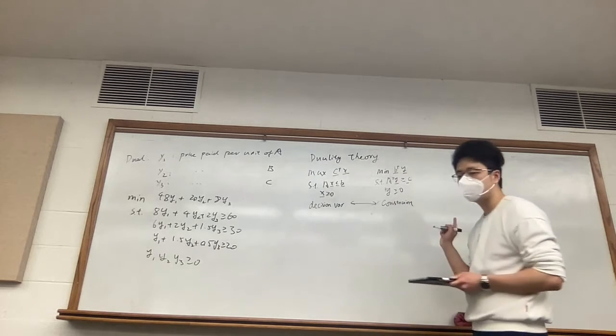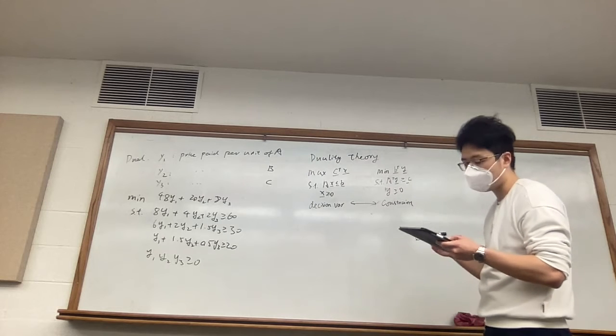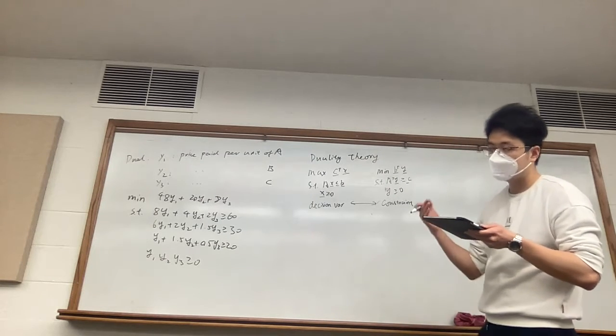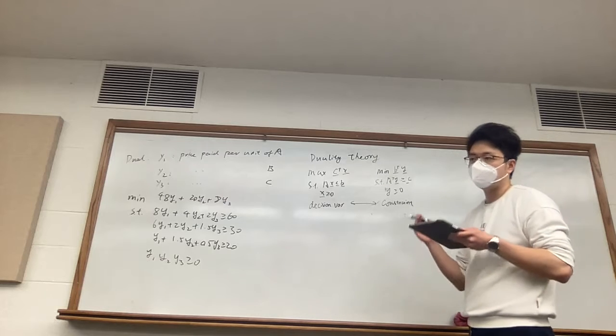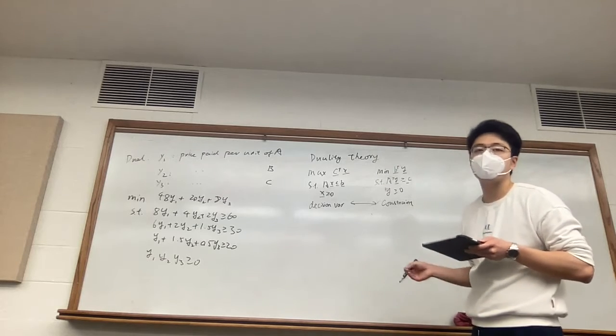Just like the example I have just given you, in the primal problem the decision variable is about the products D, E, F, right?